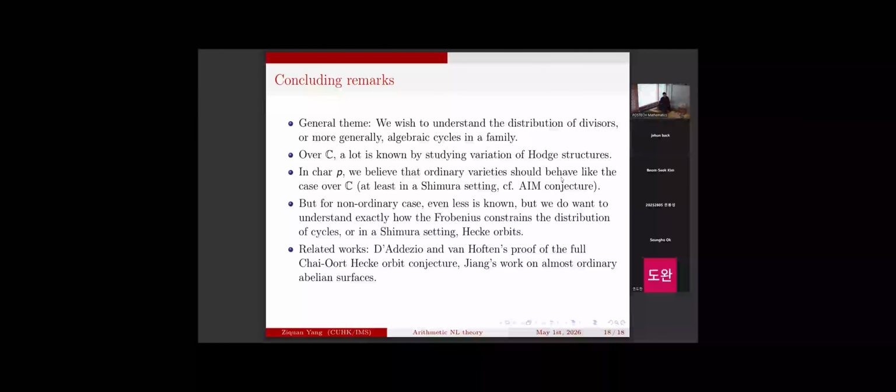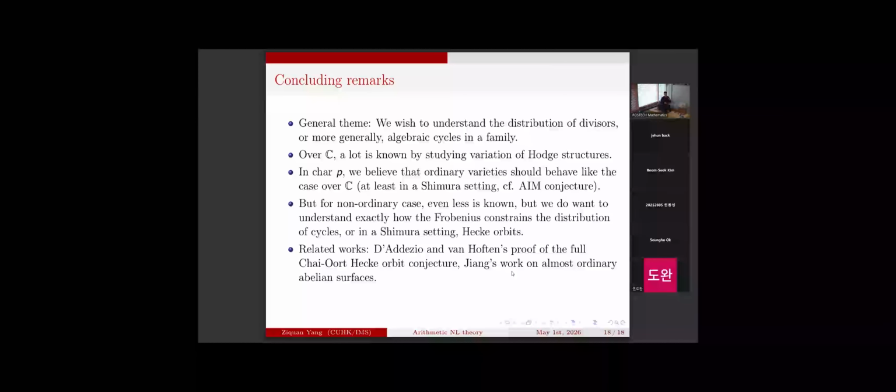And then there is Ruofan Jiang's work, who is also a collaborator. He has a previous paper which proves the following about almost ordinary abelian surfaces. Almost ordinary again means that it's not ordinary but closest to being ordinary.